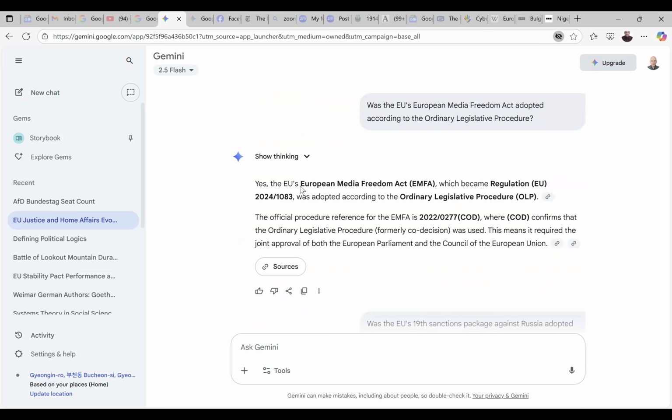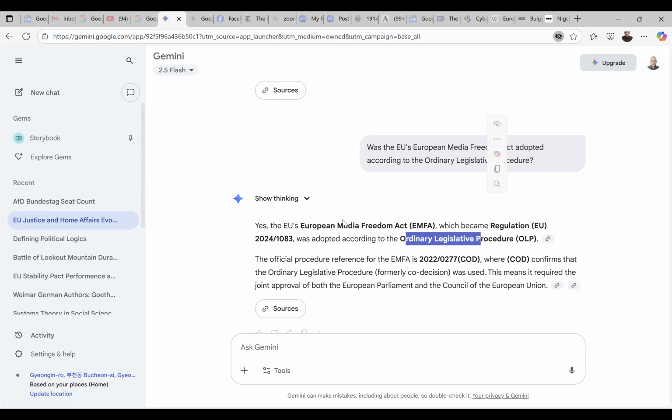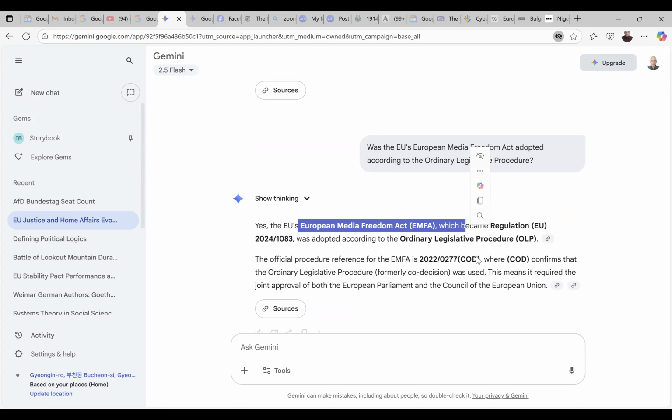The European Media Freedom Act, again, was also adopted by ordinary legislative procedure to reinforce the media of the member states against Russian hybrid warfare and disinformation campaigns, right? Where co-dec means co-decision, but that means it was adopted by ordinary legislative procedure. So again, Bulgaria is being monitored in terms of implementing its obligations on the European Media Freedom Act, right?